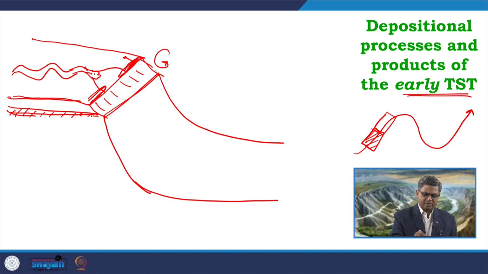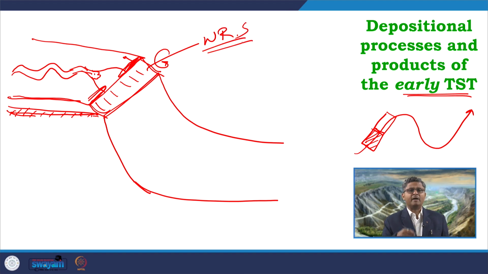So, the surface which is forming over here, this surface is the wave ravinement surface formed by wave reworking processes. So, the river system is supplying the sediments which are forming this estuary over here. However, that is a backstepping system, that is a retrograding system. So, the river aggradation will be going on over here, followed by the formation of estuary deposits over here.